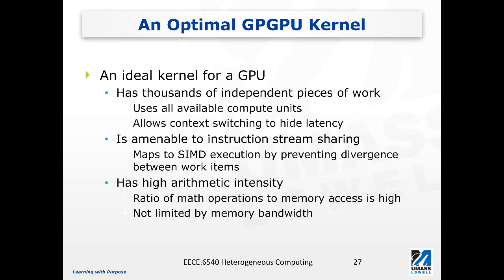Because we have a massive amount of SIMD cores and multi-threaded cores available within these compute units, it is beneficial to have thousands of independent pieces of work which can be scheduled onto these processing elements within compute units. Also, the context switching available from these cores allows the kernel to hide latency while doing computation on this massive amount of data.